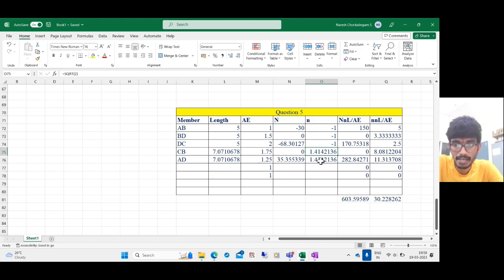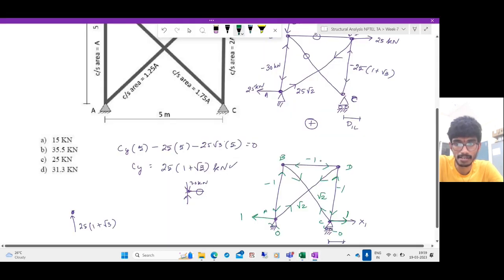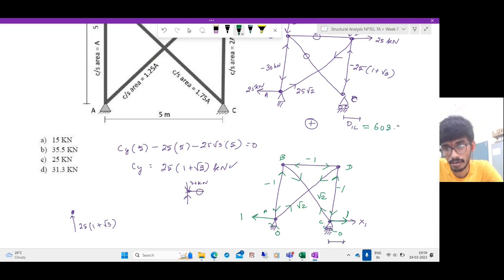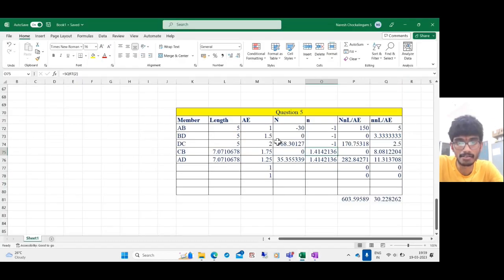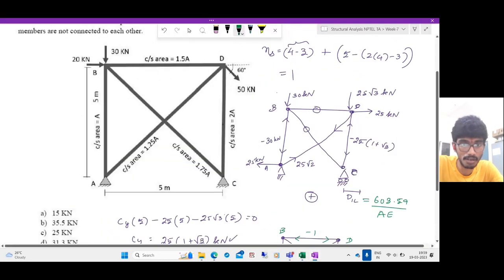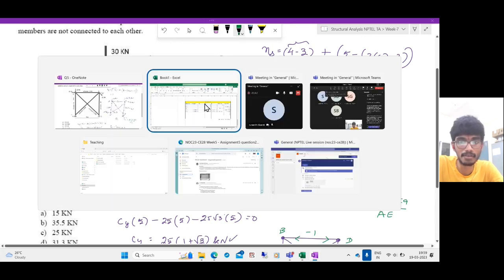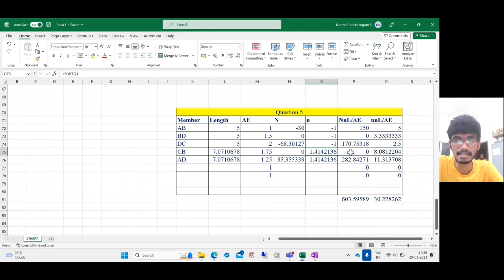So what is the D1L we get? D1L is 603.59 by AE. Remember, we have factored out all the AE. So it doesn't really matter whatever AE is, but the distribution matters. Only these factors we have included with the understanding that we can take the factor AE commonly out.